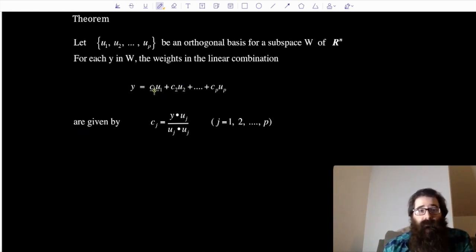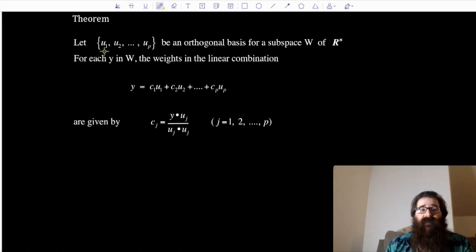Gotta be careful with the way I say it. So y is a linear combination of all of my basis vectors. Those coefficients are given by, in general, c_j equals y dotted with u_j divided by u_j dotted with u_j, for j equals 1, 2, and so on to p.